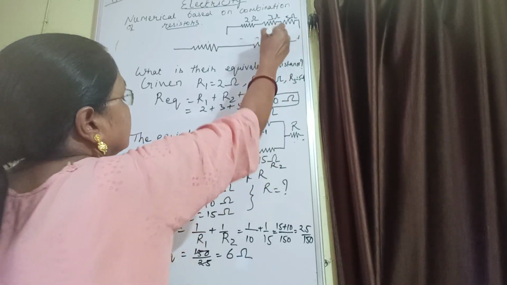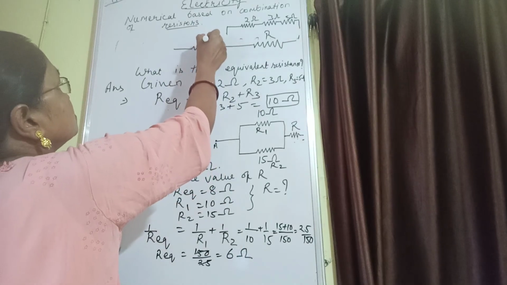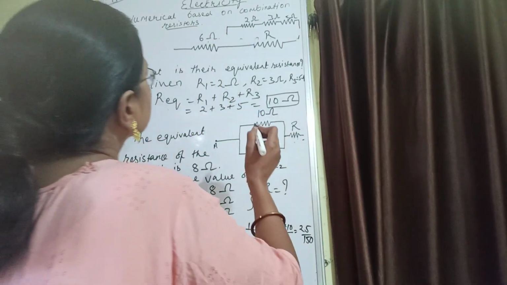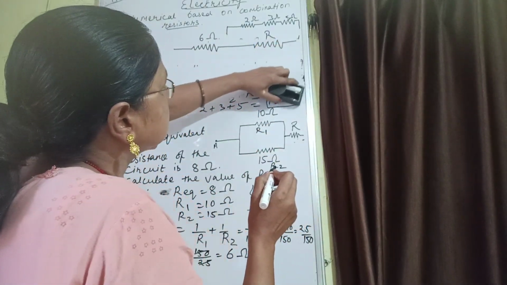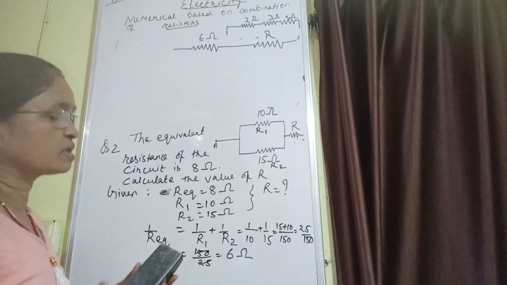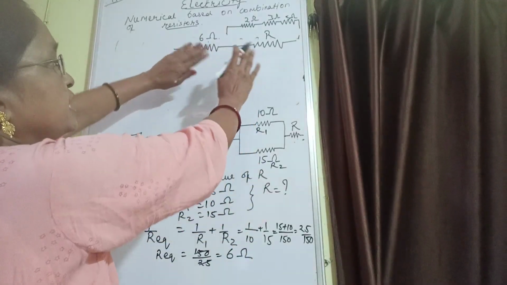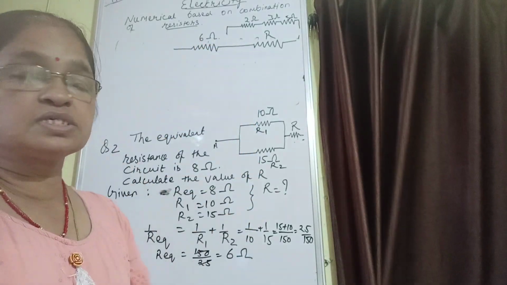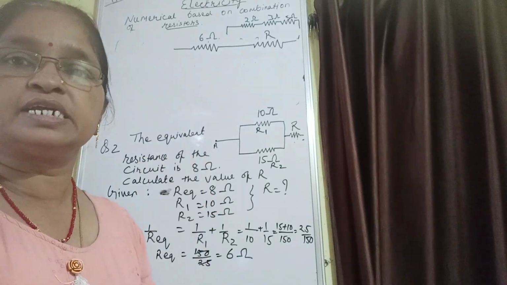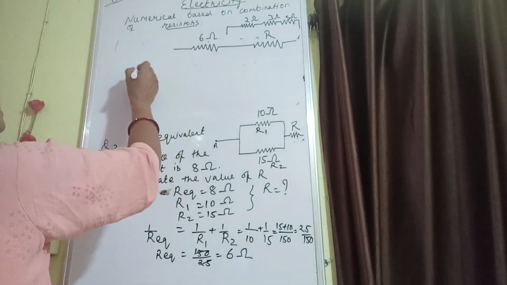This will become R, and equivalent we have found out, this will become 6 ohm. So finally you have got the conclusion that both the resistances are connected in series. So apply the formula, very easily you will get it.